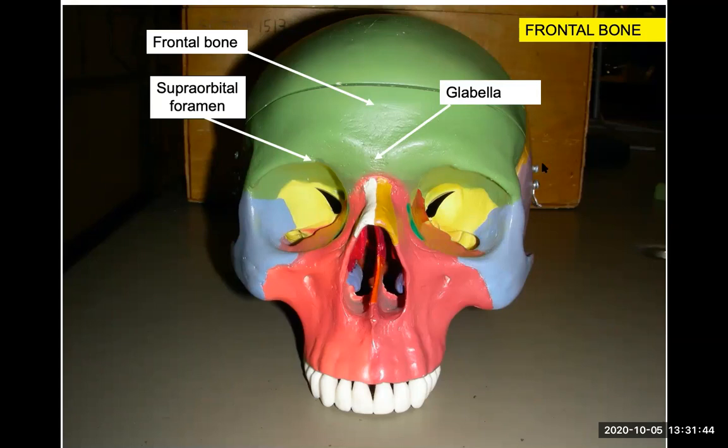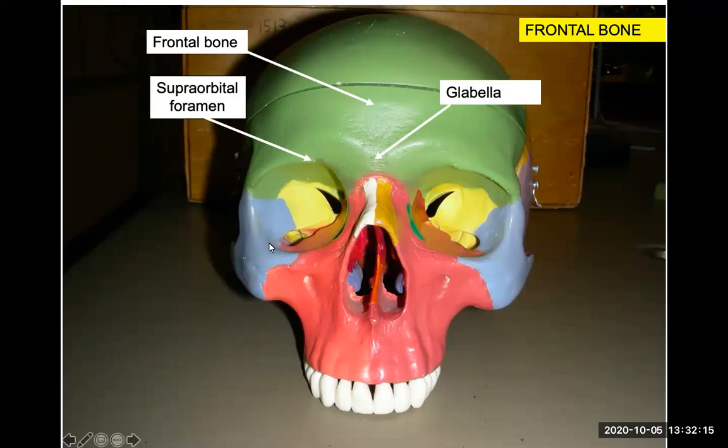For instance, the area that sits right between your two eyebrows, so right about here, is referred to as the glabella. You also have this little indentation, or sometimes in some people it's an actual hole. It sits right on top of the orbital cavity, and therefore it's called the supraorbital foramen. Again, supra stands for superior, orbital is the orbital cavity, and foramen means a hole.